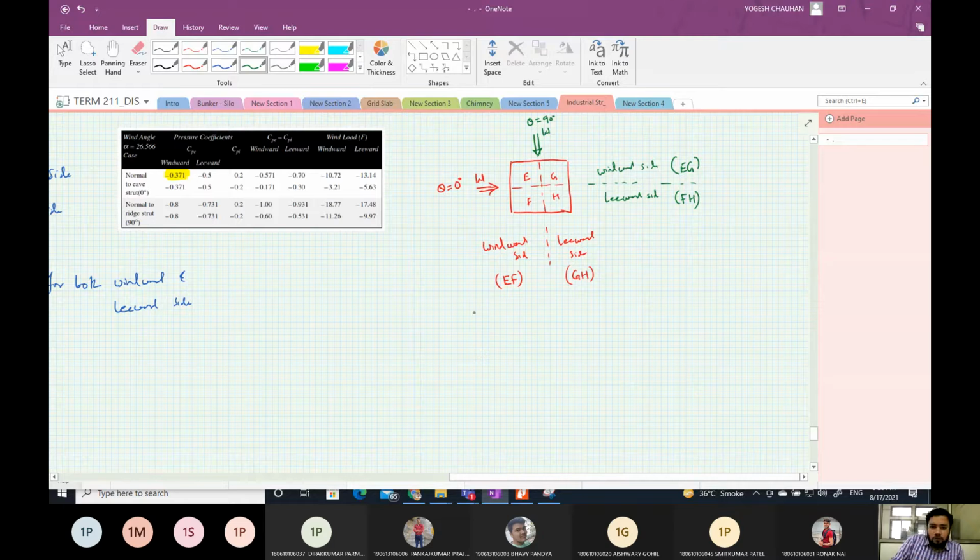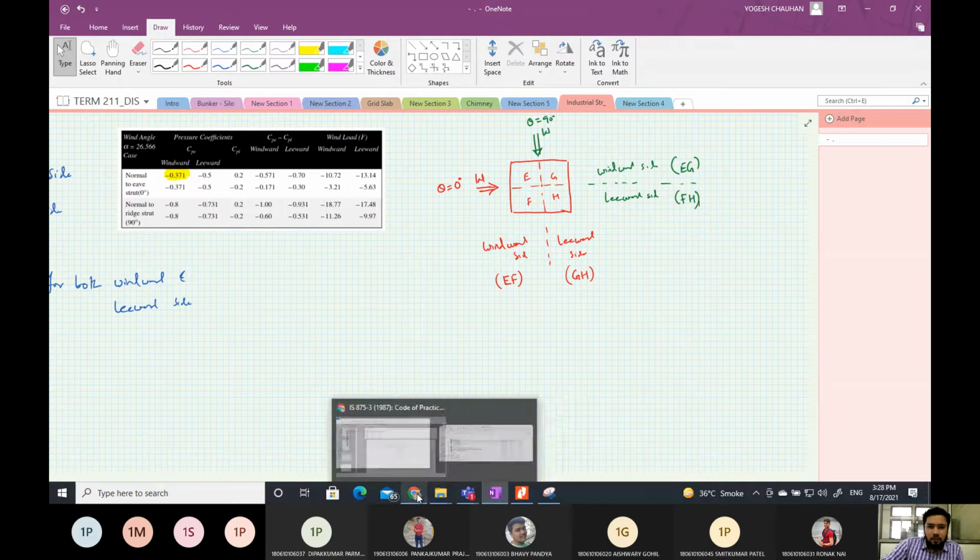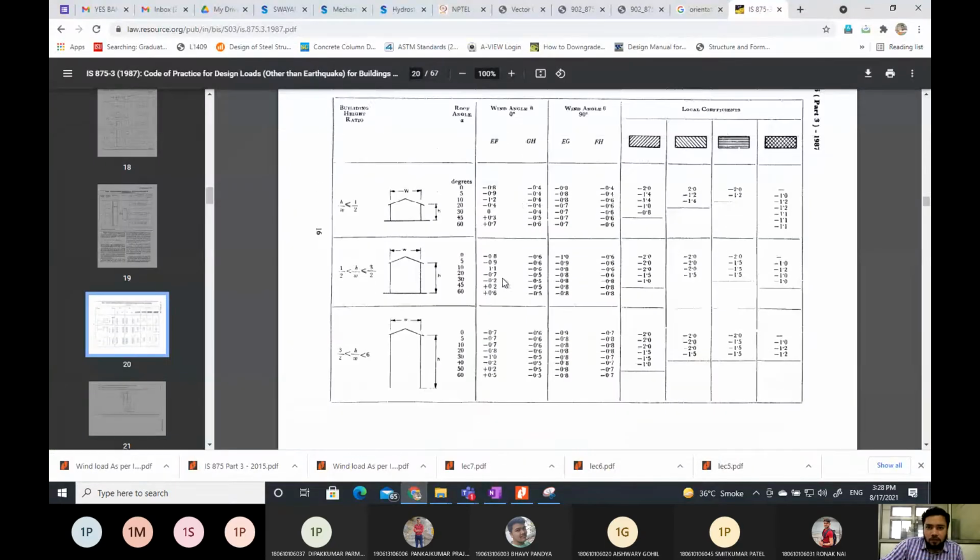So you have the coefficients from IS 875 table. If you see this table, you have these coefficients for EF, GH, EG, and FH.